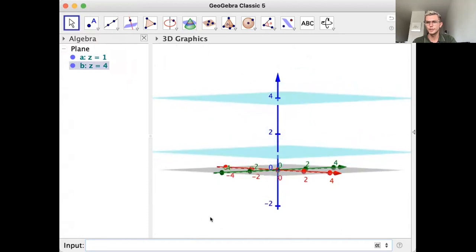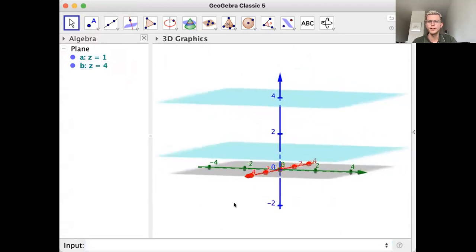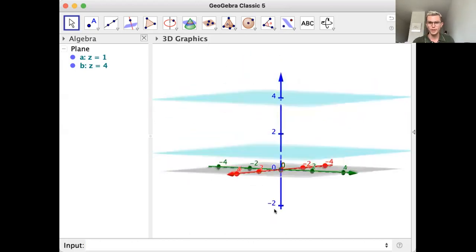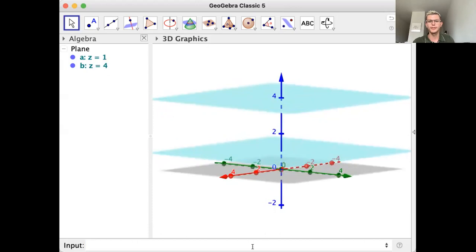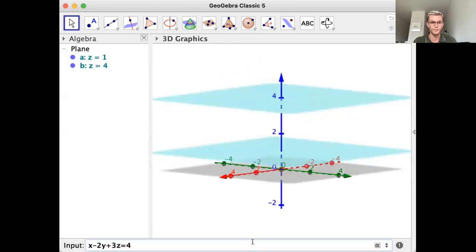I'll tell you why they will be parallel. But the idea is that to each plane, you can find a vector that's perpendicular to the piece of paper, which is called the normal vector. In this case, both normal vectors are parallel to each other, pointing in the same direction. In general, a plane has a more complicated equation, something like x minus 2y plus 3z equals 5.